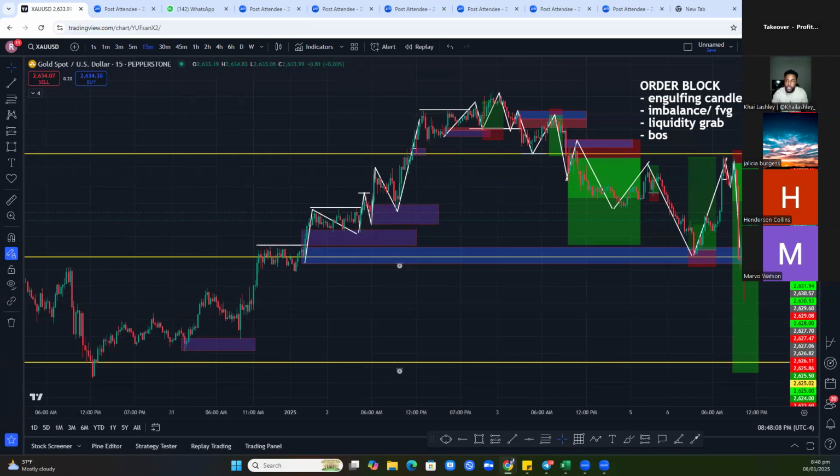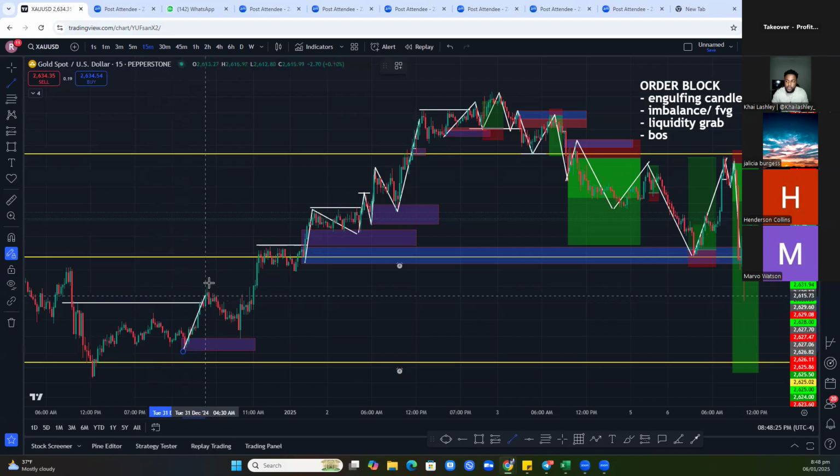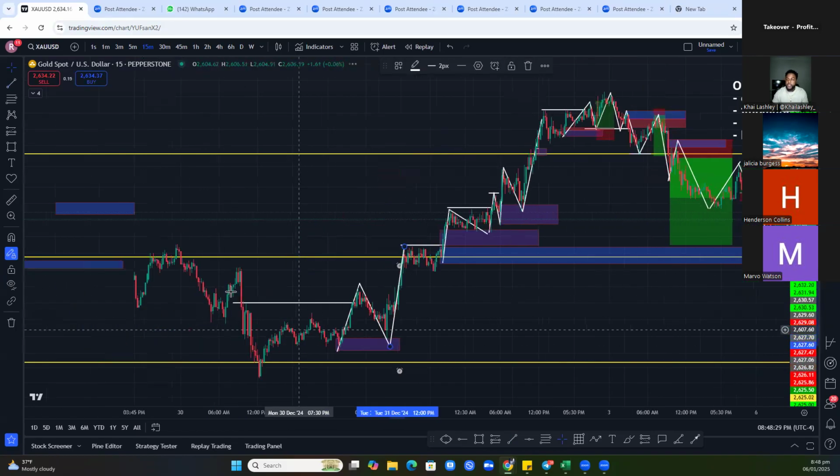We broke some structure here, where price traded above these points, more so this area that created the low. So we got price supporting structure, boom, bang, gone.